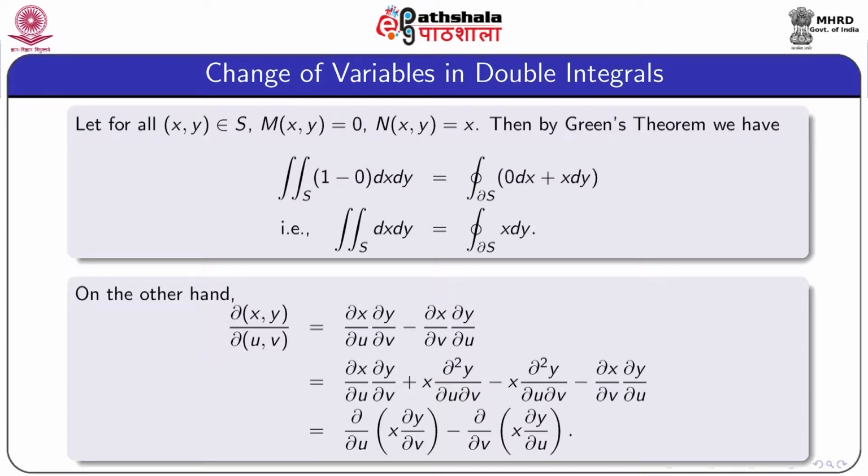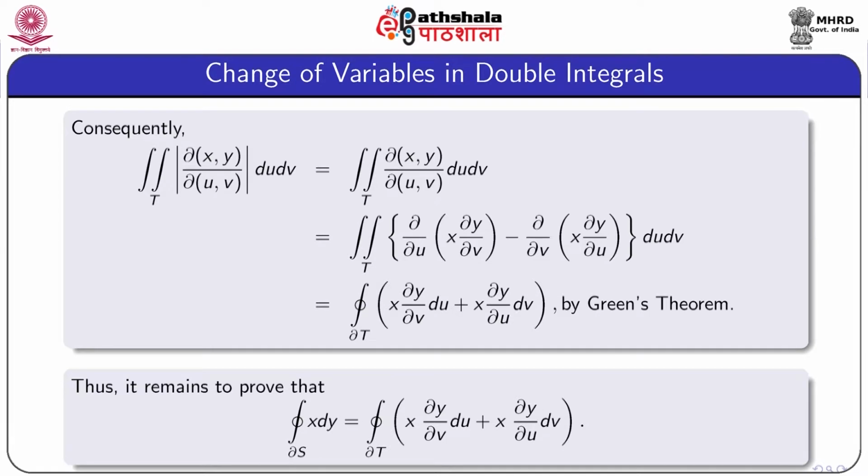On the other hand, we can express the Jacobian ∂(x,y)/∂(u,v) as ∂/∂u (x ∂y/∂v) minus ∂/∂v (x ∂y/∂u). Consequently, the double integral over T of the modulus of the Jacobian ∂(x,y)/∂(u,v) du dv equals the integral over T of ∂(x,y)/∂(u,v) du dv because it is positive everywhere.